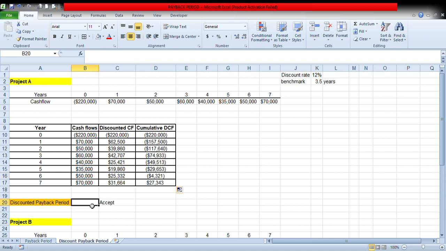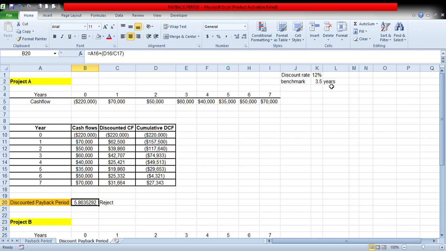As you know, the formula is: take 6 plus the negative value, then divide by the next year's discounted cash flow. So we are going to reject project A. Why?